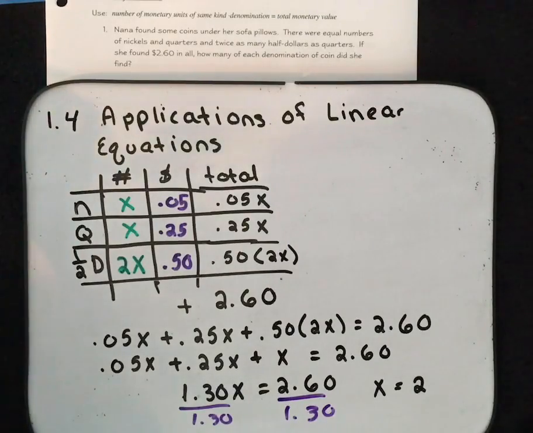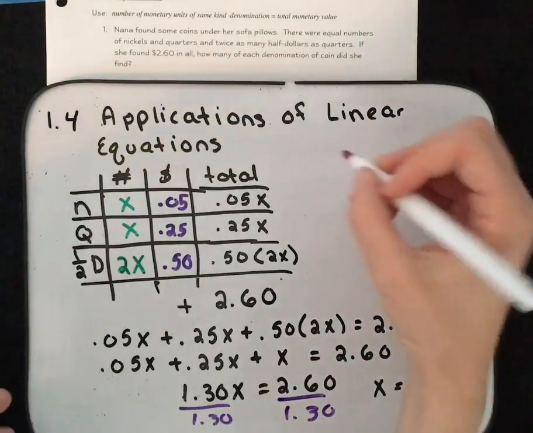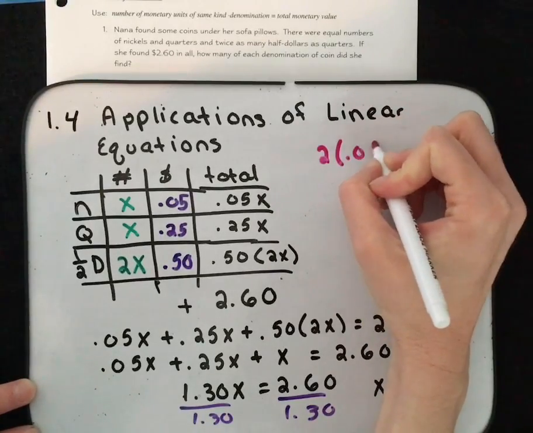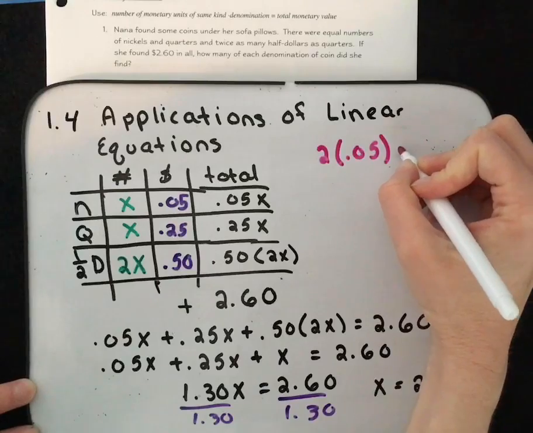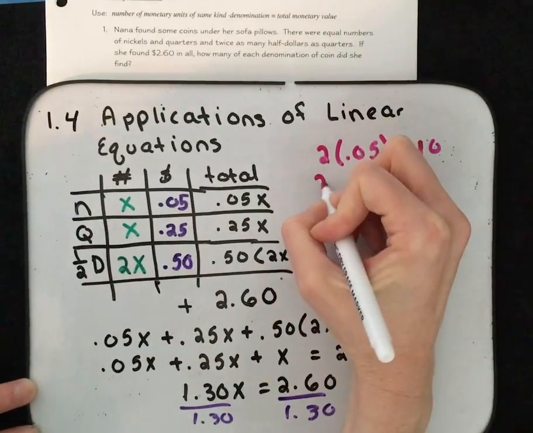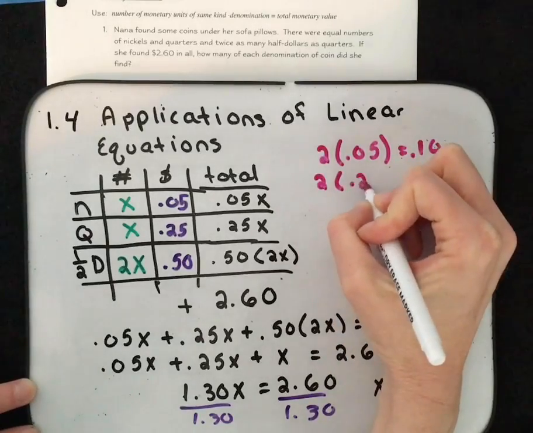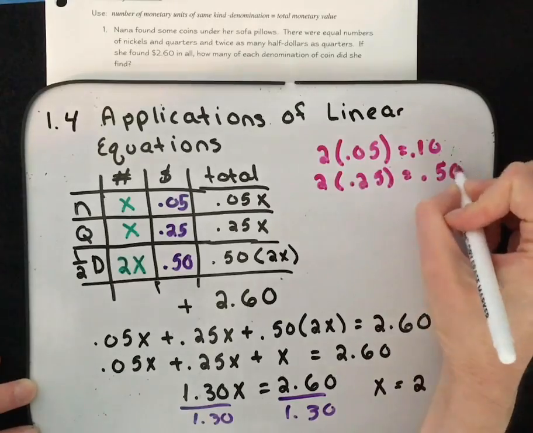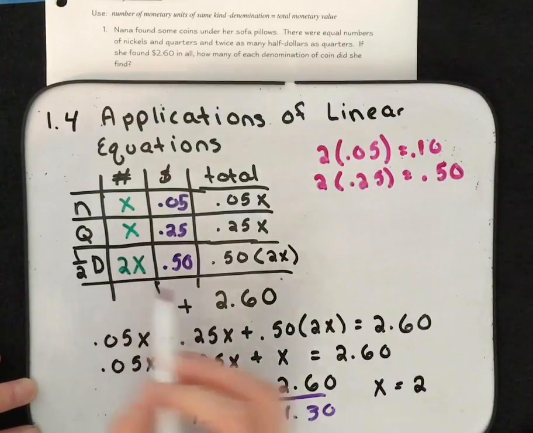Let's see if it works. So if we had 2 nickels, that would give us 10 cents. If we had 2 quarters, that would give us 50 cents. And then 2 times 2 is 4.